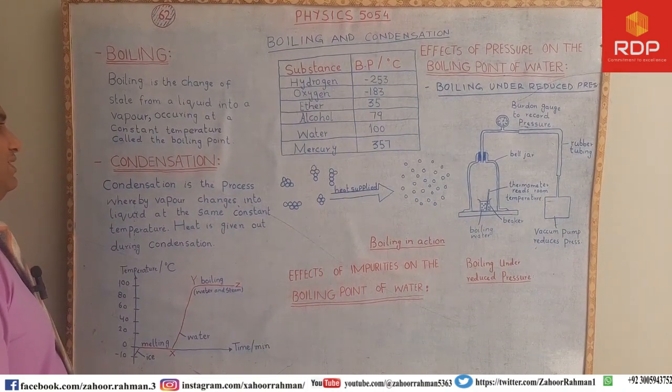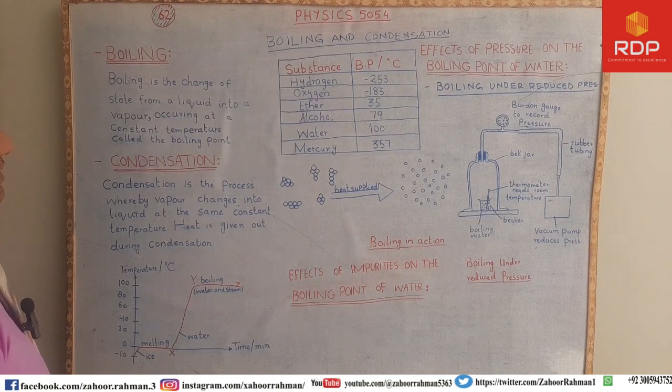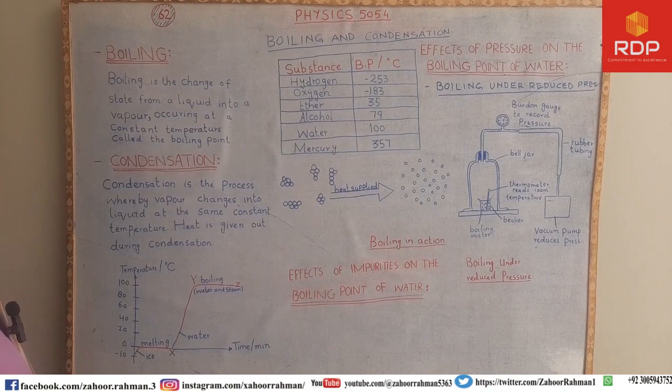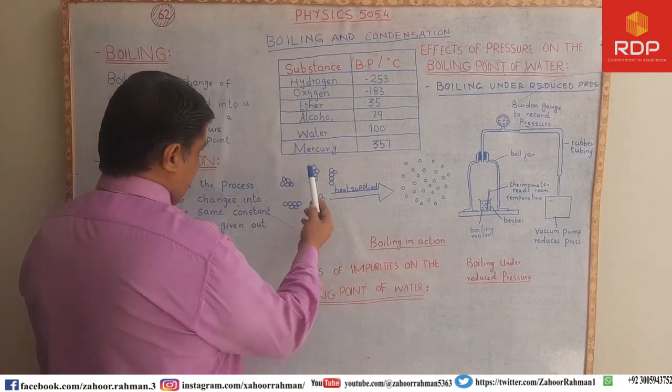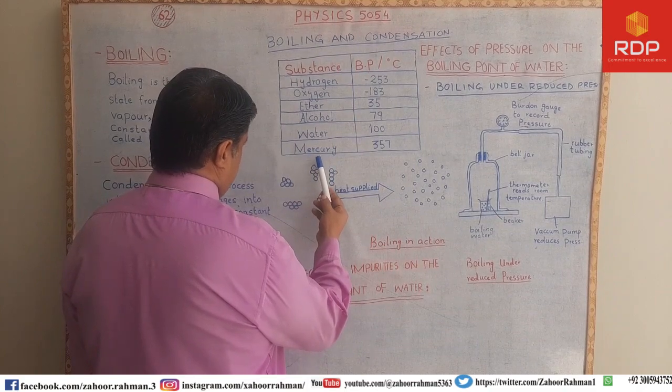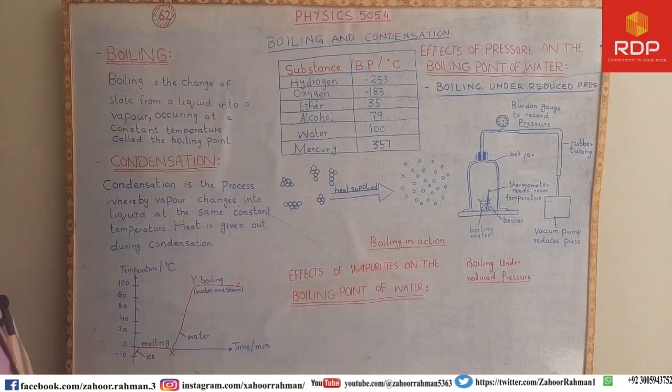Ether 35 degrees Celsius, alcohol 79 degrees Celsius, water 100 degrees Celsius, which we will observe today in greater detail. And mercury, very importantly, that is 357 degrees Celsius. That is a very large temperature.